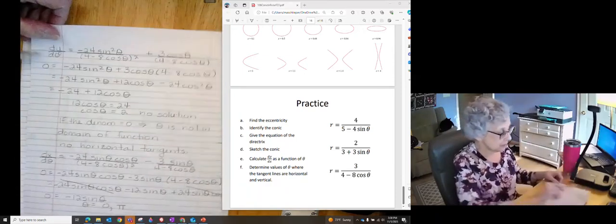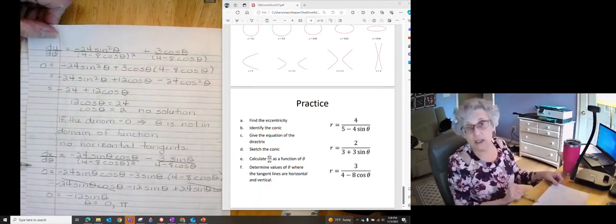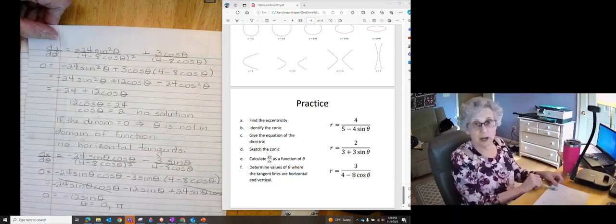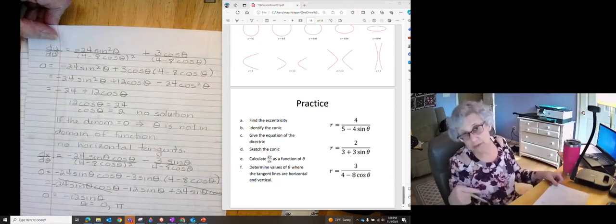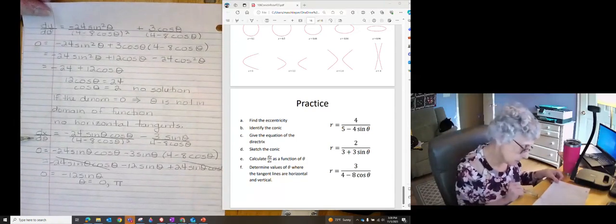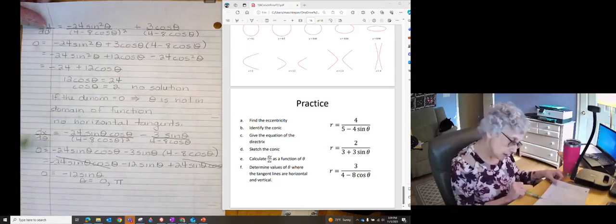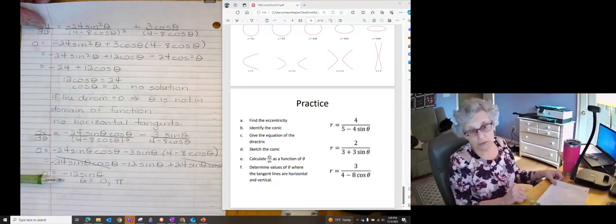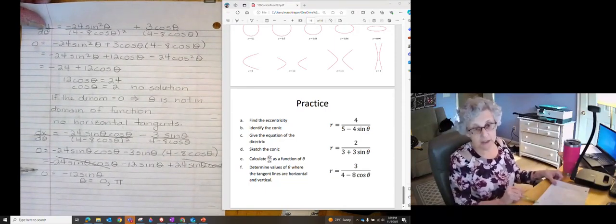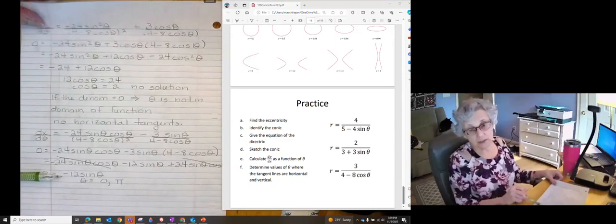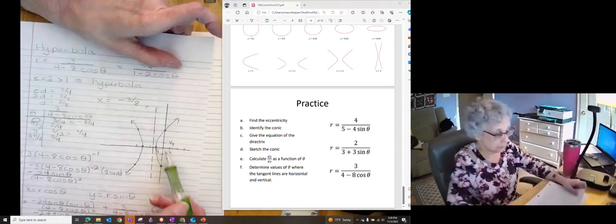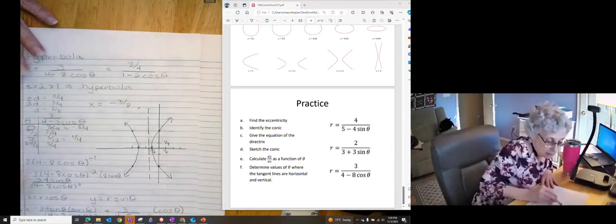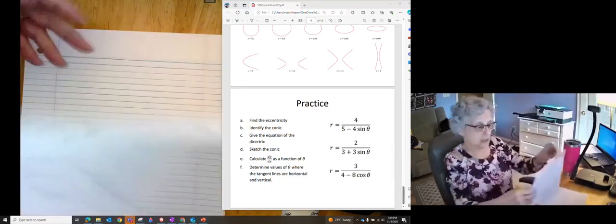If the derivative, either dy d theta or dx d theta, is undefined, if there's a 0 in the denominator, then the original function is undefined, so we don't have to worry about those. So then I looked at dx d theta, and that's equal to 0 when negative 12 times the sine of theta is equal to 0. So when sine of theta is 0, or at 0, vertical tangent line, and at pi, vertical tangent line.